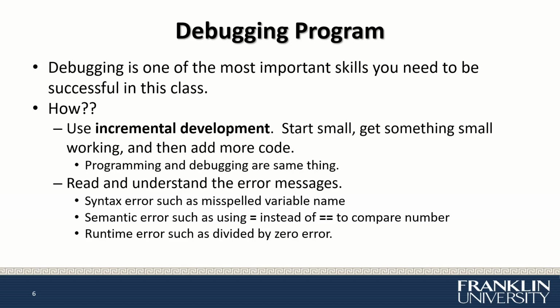Your program will not run the very first time. So you need to understand what the compiler or interpreter tells you is wrong. Syntax errors such as a misspelled variable name, semantic errors such as using assignment equal instead of equality equal to compare numbers, runtime errors such as a divide by zero error.